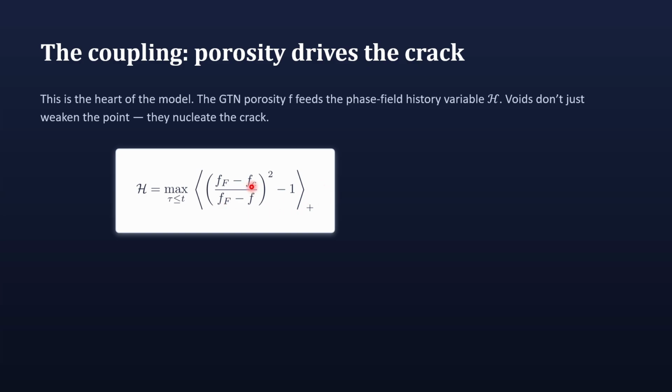But when f grows beyond ff, what happens? When f is equal to ff, your history field is essentially infinite. If you remember correctly, in most ideal scenarios, f cannot grow beyond ff.